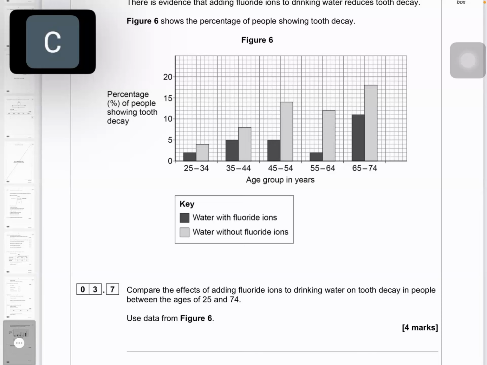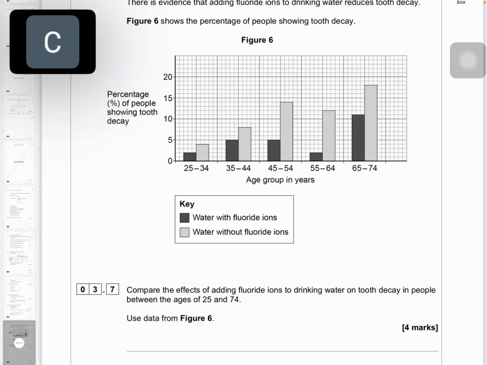I said the fluoride reduces the decay. There's a reduction, but there's something we can say about it, because the reduction looks clearer in people between 55 and 64.